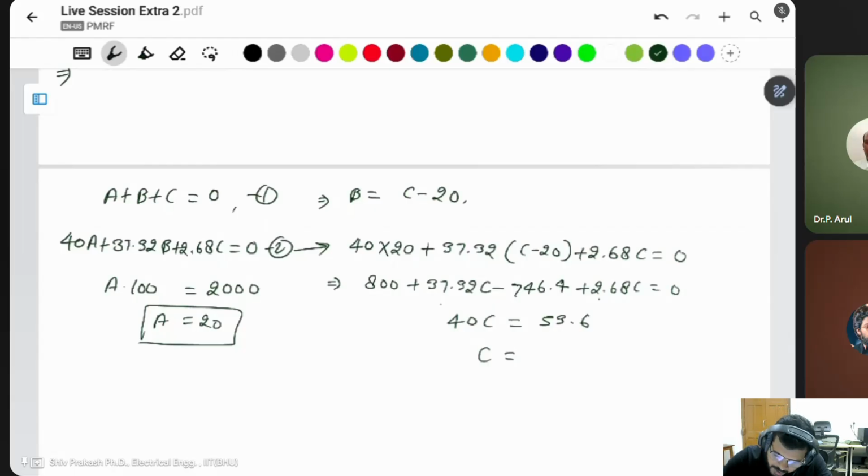Sorry, this is the minus c, this is a positive c, no? That's why this will be negative. Okay, sorry for this, this is negative.